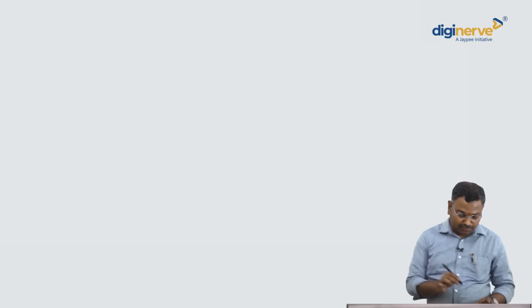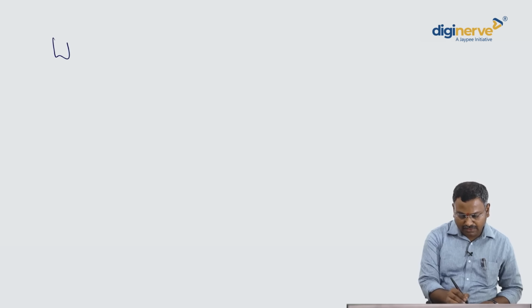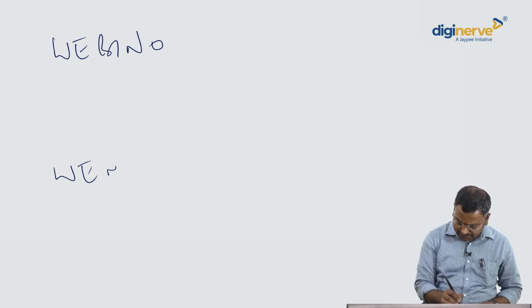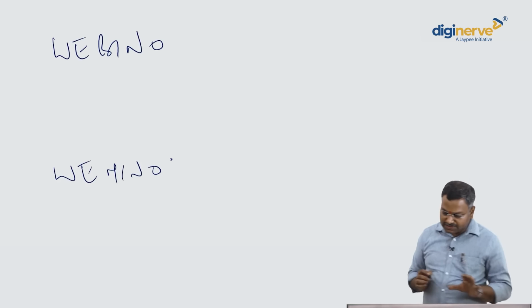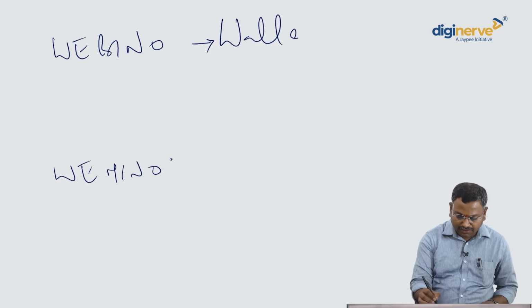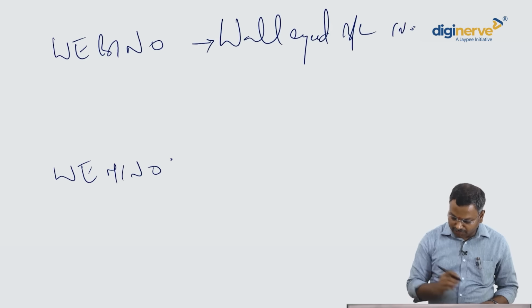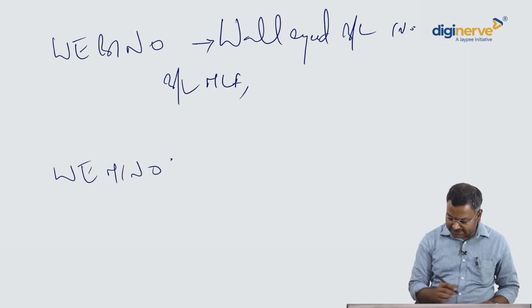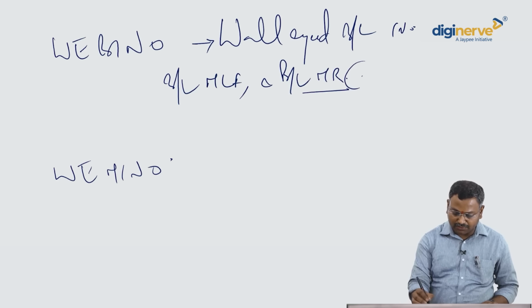Two other syndromes that you have to remember with internuclear ophthalmoplegia. One is called the WEBINO and the other is called the WEMINO. WEBINO stands for wall-eyed bilateral internuclear ophthalmoplegia, where the bilateral medial longitudinal fascicle is involved and the bilateral medial rectus nucleus is involved.